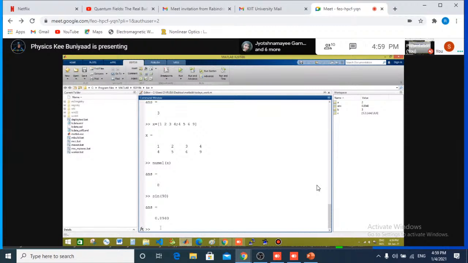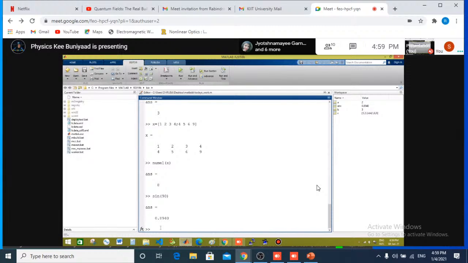You expect that sine 90 should be 1, or sine 45 should be 1 by root 2. So that is not happening here. Why is it not happening? The reason is it is taking 90 as radian, 90 radian.